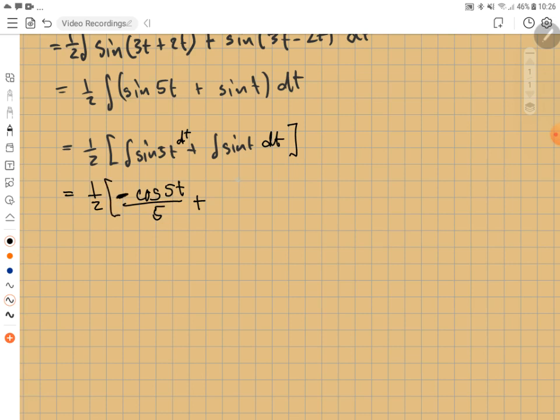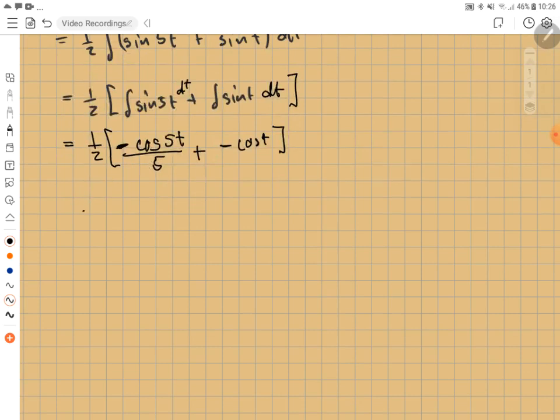I have the integral of sine t, which is again negative cos t, okay? And it's now equal to half by that, it's now negative cos 5t over 2 times 5 is 10, okay, and then minus cos t, and this is what you'd get as your final answer.